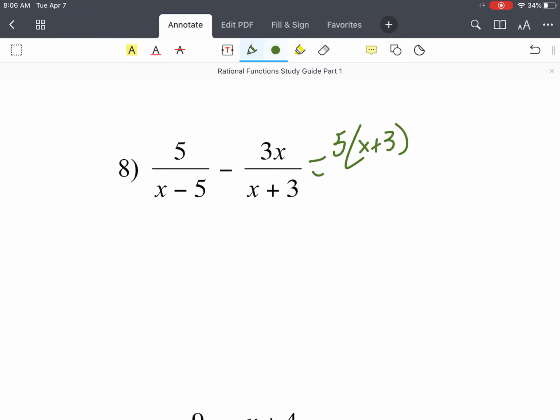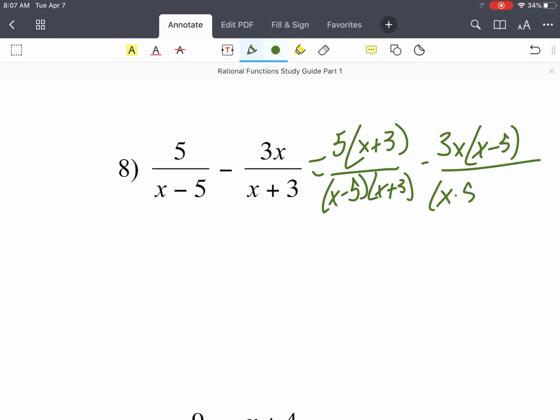Okay, so this left side is going to need an x plus 3, and this right side is going to need an x minus 5. All right, so now let's combine these things.